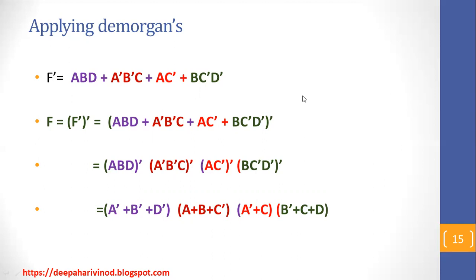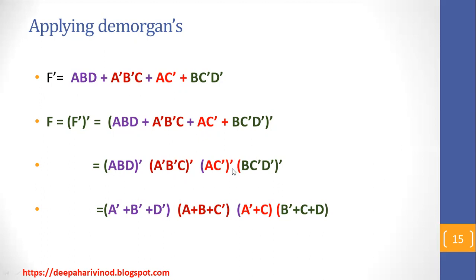With the whole complement, (a plus b) whole bar equals a bar dot b bar, and (a dot b) whole bar equals a bar plus b bar. According to that, I can split my complement: instead of plus, it will be dot over here, and here it will be dot.